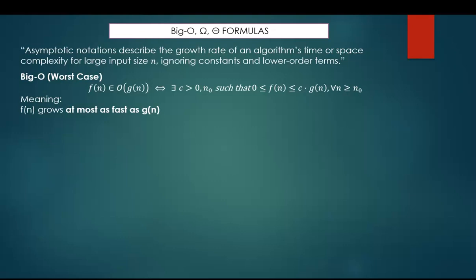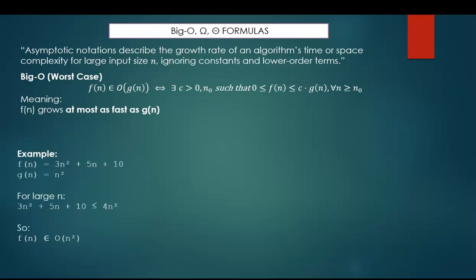Now you understand why I introduced f of n and g of n in the previous slide, right? So big O is the worst case, meaning after some point n naught, f of n will never grow faster than a constant multiple of g of n. So big O is going to give you the upper bound.